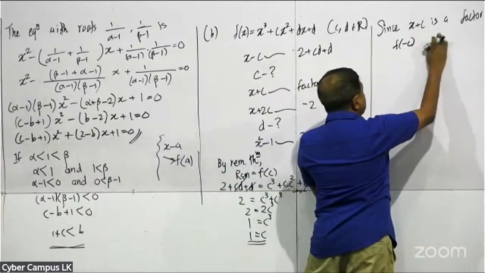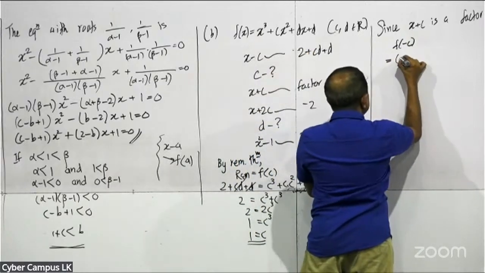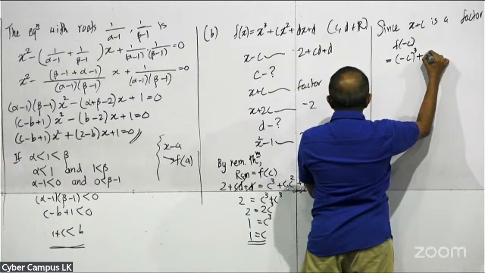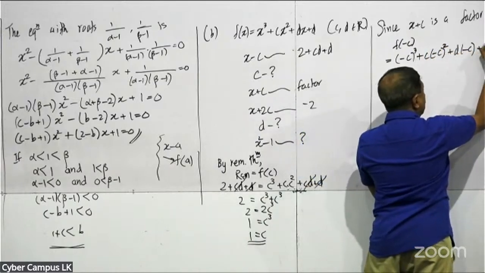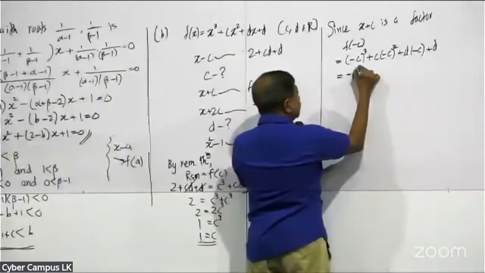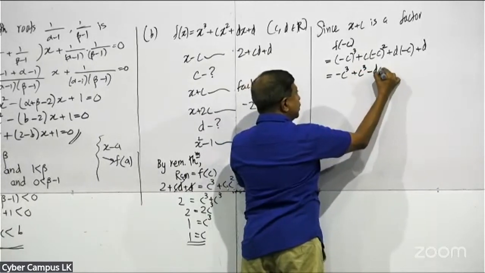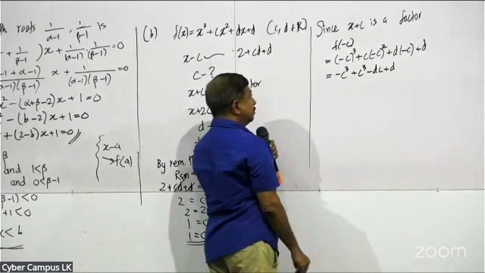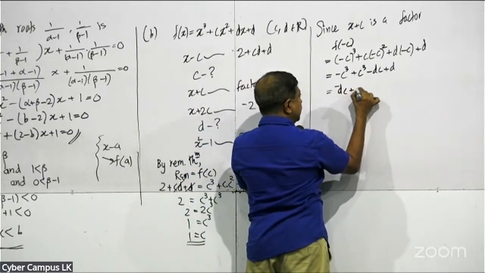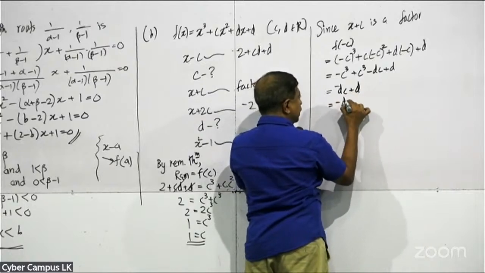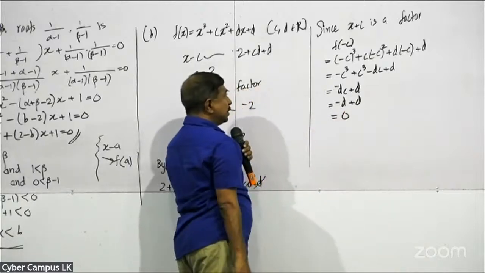I don't write it as 0, I simplify and find this. Now f of minus c: you plug in minus c for x. So this is minus c cubed, this is c times c squared, c cubed, minus dc plus d. These two will be gone. You get minus dc plus d, and c is 1. So minus d plus d. So this is 0. f of minus c is 0.